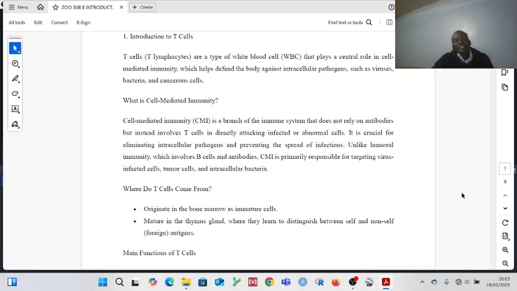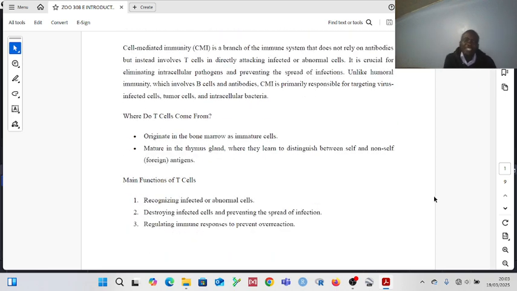But now, where do these T cells come from? So T cells originate in the bone marrow. In the bone marrow, they originate as immature cells. But then they move to the thymus gland, where they now mature. And as they mature, they now learn to distinguish between what is self and what is not self. What is self is what belongs to that body. So your T cells have been trained to identify what belongs to you and what belongs to another person.